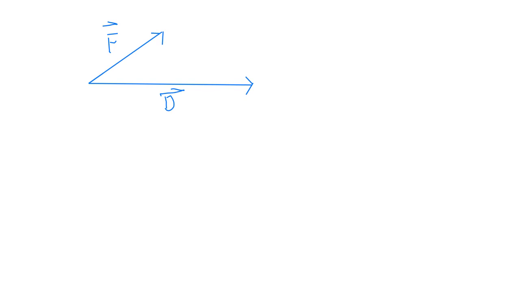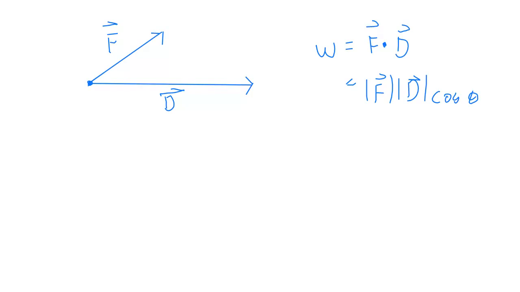Now, how do we find the work that the force does in moving an object along the distance vector? The dot product, that's right, Ellie. It's the force dotted with the distance vector. So that is equivalent to the magnitude of the force, or the length of the force vector, times the length of the distance vector, times the cosine of the angle in between them, this angle theta.